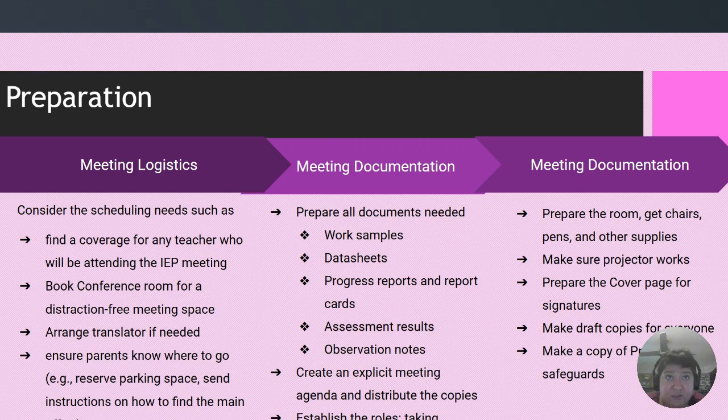If it's just an initial IEP for the first time, of course there won't be a lot of assessments, but we can always have different pieces of documentation. We also need to create an explicit agenda and distribute copies, and establish the roles: who is going to take notes, who is going to keep time, etc. Make sure the projector works, prepare the cover page for signatures, and a lot of other things.